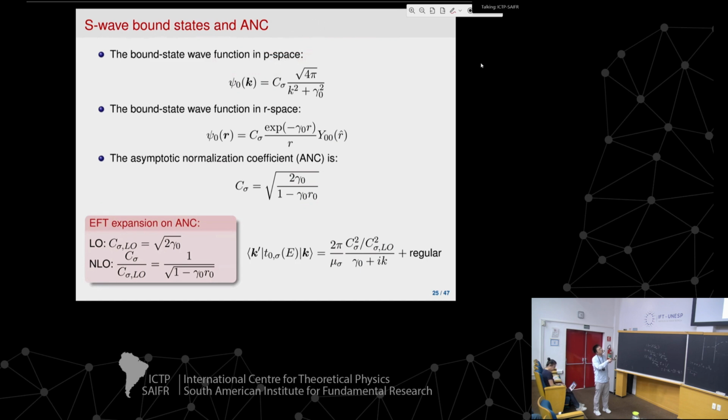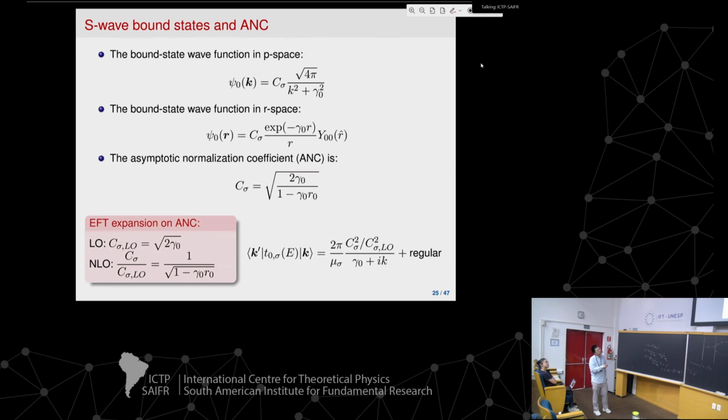So it's written as a constant times the square root of 4 pi divided by k squared plus the binding momentum squared. So if you do a Fourier transform, then in coordinate space it is written in this form with the S-wave spherical harmonics part, and the exponential tail part of the radial wave function. And the coefficient in front is what we call the asymptotic normalization coefficient.